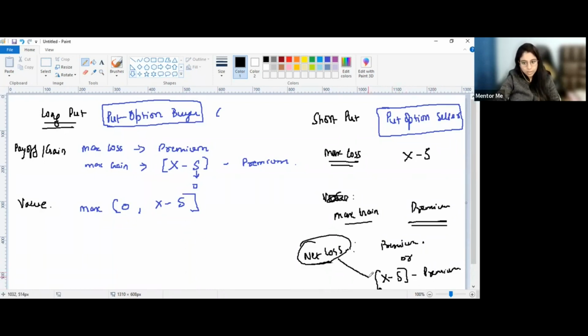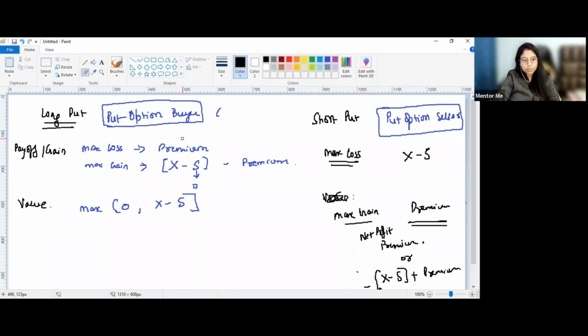So your net loss can be this, or if you talk in terms of net profit, then you can do it like this: minus this, plus this, okay? If there is confusion, no problem, let's remove this thing.